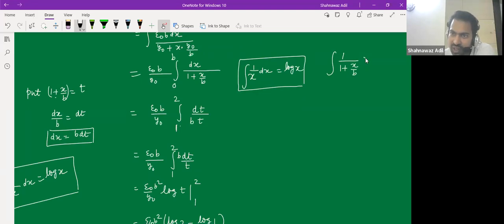If I write this as t, this will become 1 by t, a simple integral. That is why I put 1 plus x by b equals to t, and then I found out that dx would be b dt. So I replace dx.